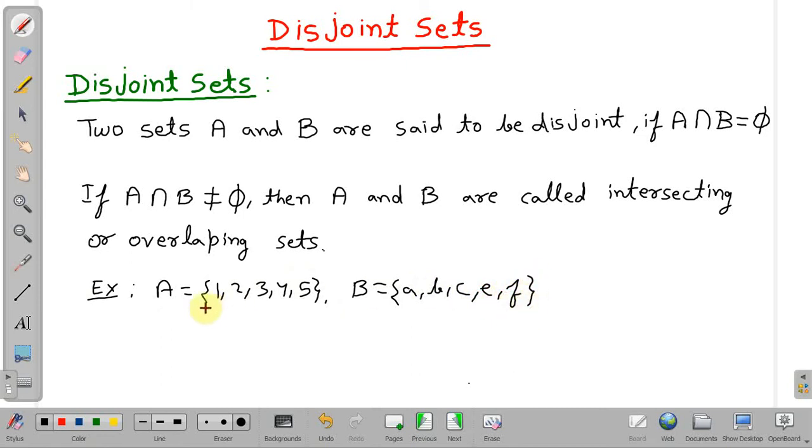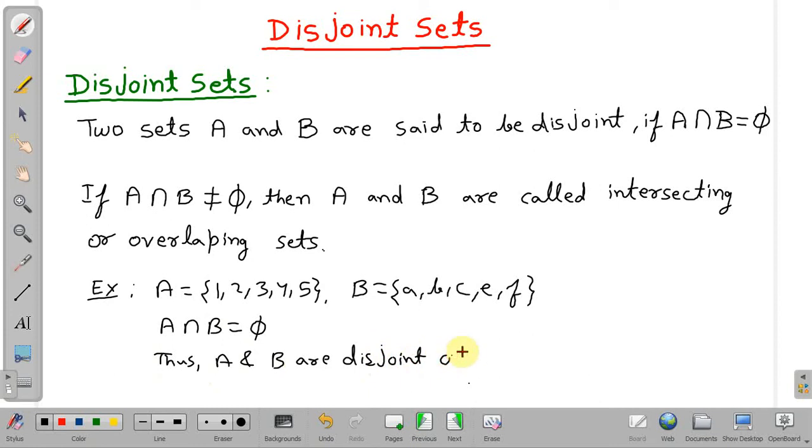So A and B here have no common elements, as set A has numbers as its elements while set B has alphabets as its elements. So A intersection B is equal to the empty set. Thus, A and B are disjoint sets.